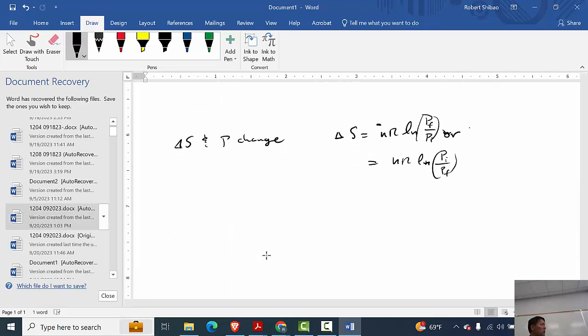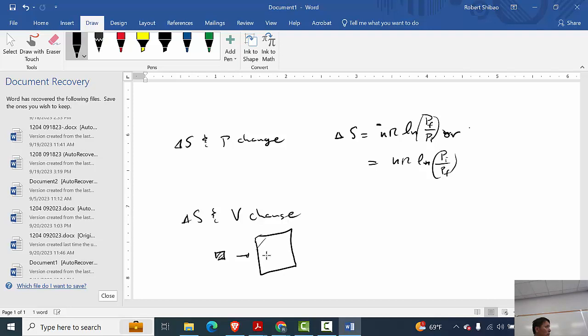What if there's a volume change? So look at the entropy change due to a volume change. This one I'll say a few more words about. If there's a volume change, let's say the system increased in volume. So the system started off with this volume and then expanded the volume.